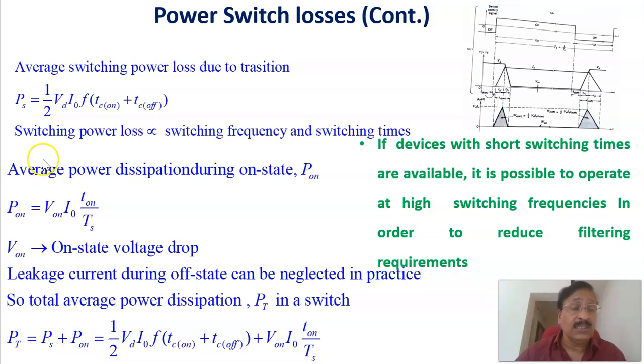The summation of these two losses gives the total power loss of the switch, PT, which is equal to half of VD into I naught into F into TC on plus TC off, that is PS, plus V on into I naught into T on divided by TS. The summation of these two losses gives the total average power dissipation PT in the switch.